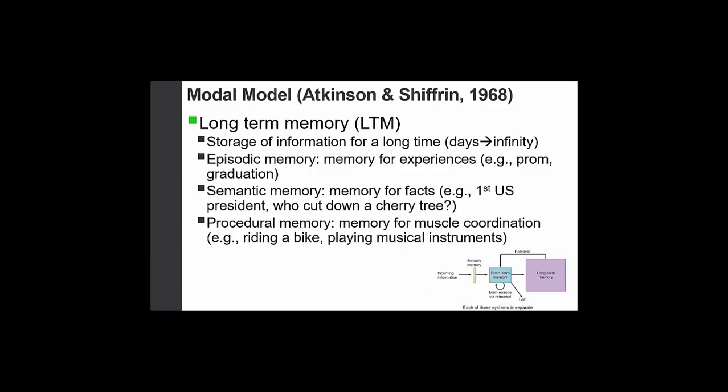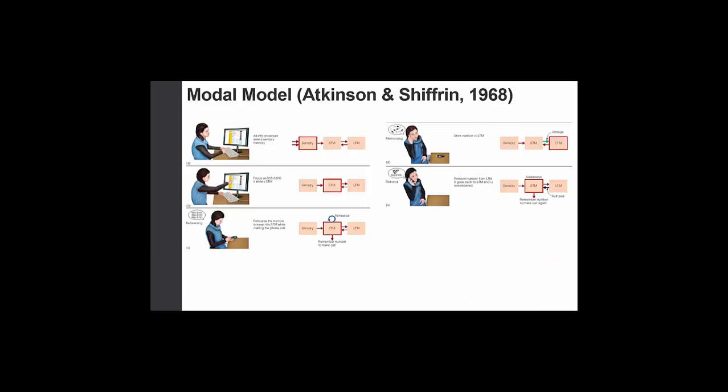Semantic memories, which are memories about very specific facts, and then procedural memories, which are these implicit, we can't really verbalize them type memories, where we know how to do things, but we can't explain verbally how it's done. So that's the case with long-term memory.